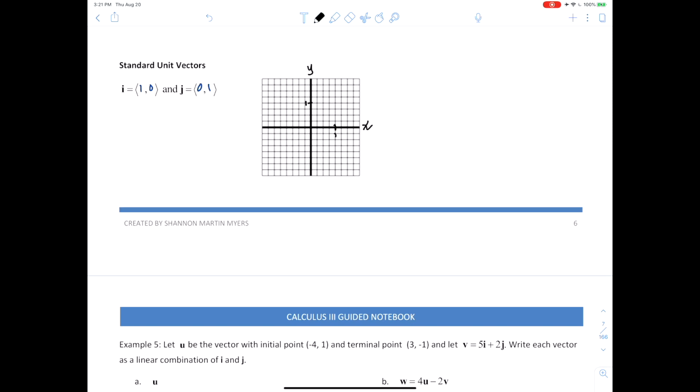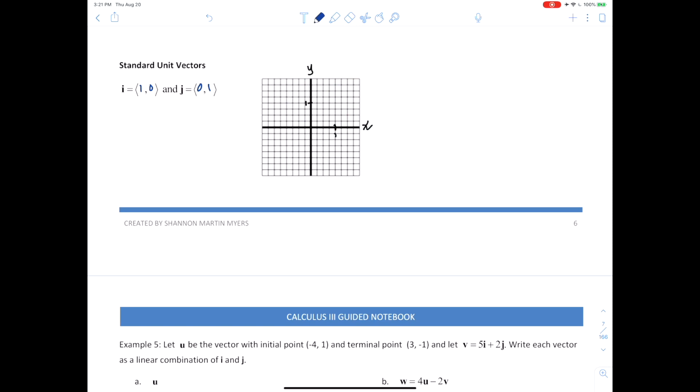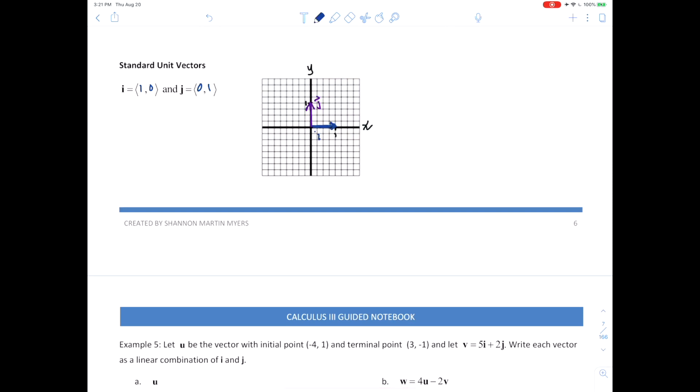So the I vector would be this one here. And the J vector would be the one that lies along the y-axis and has a length of 1. Cool, cool? So this is J, and this one was I.